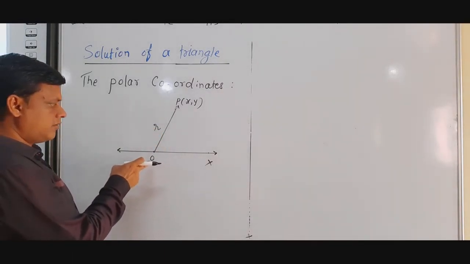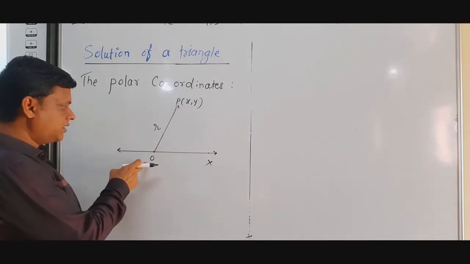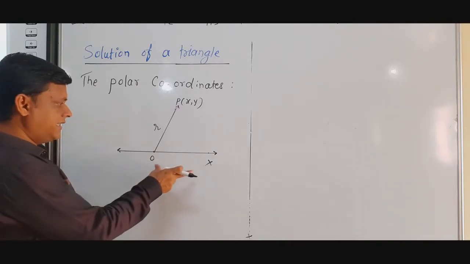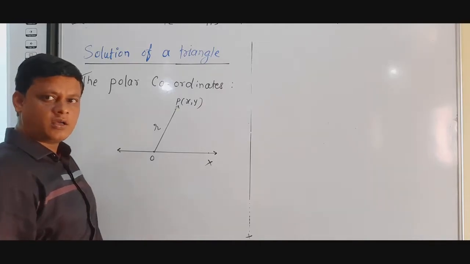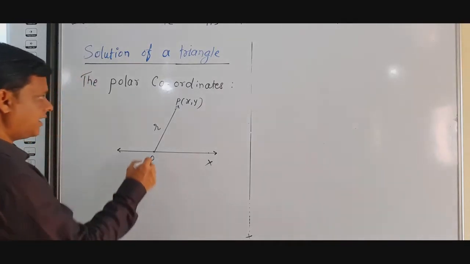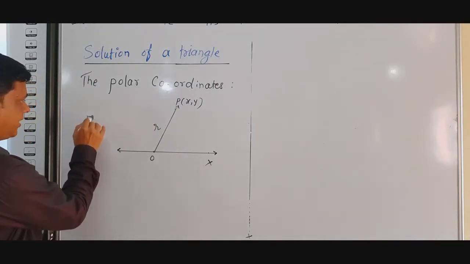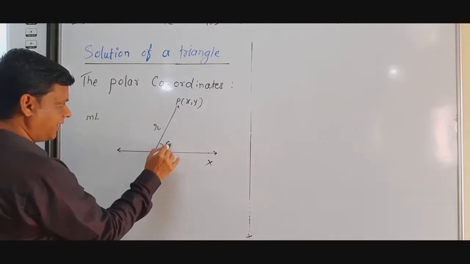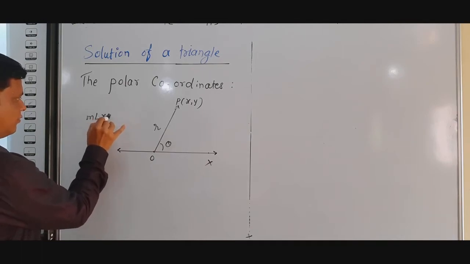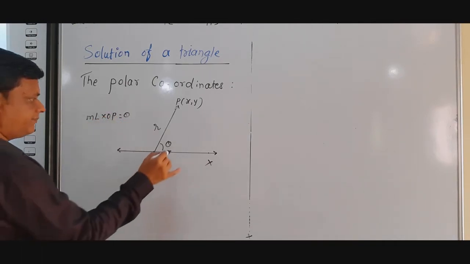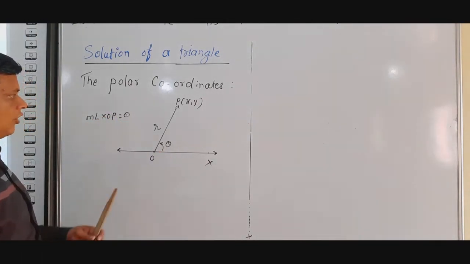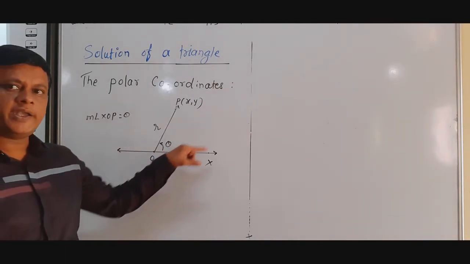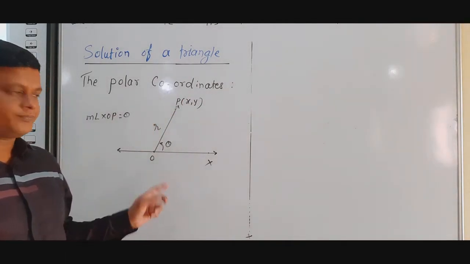Now this point O is called the pole. This line OX is called the initial line, and the measure of angle XOP we consider as theta. XOP is equal to theta. Now always measure this angle in the anti-clockwise direction.